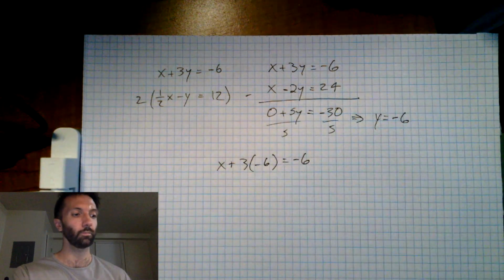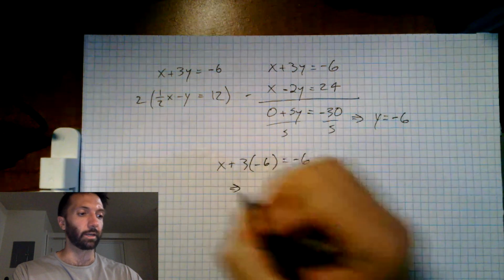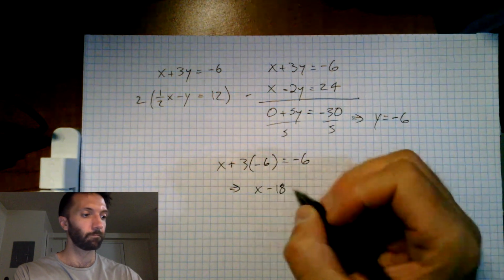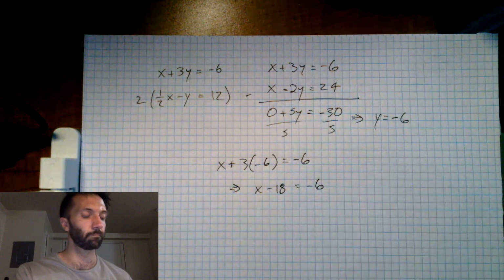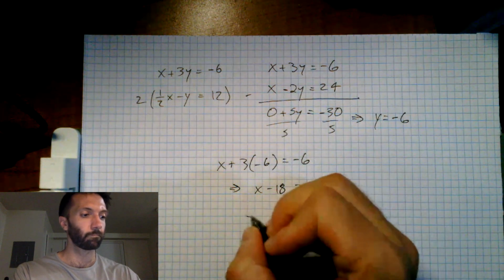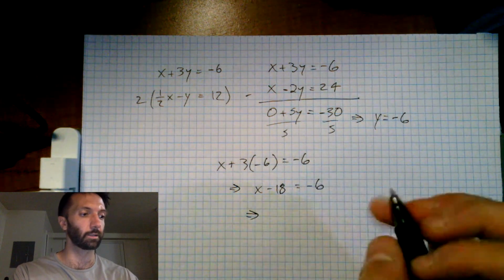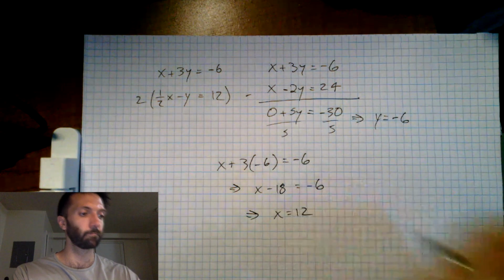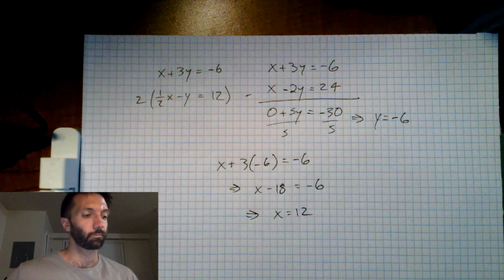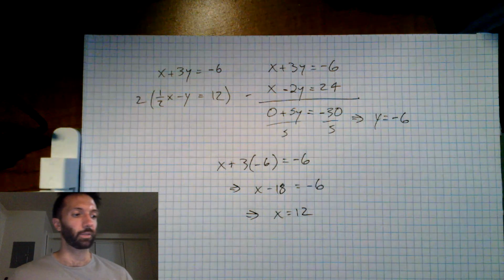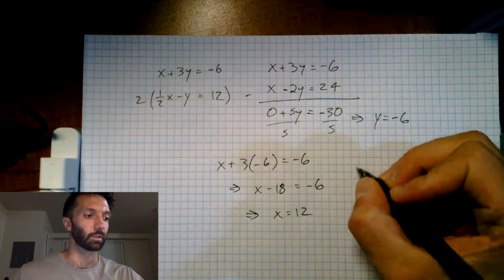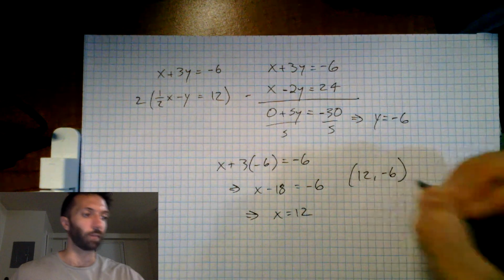And then we can simplify this down. Add 18 to both sides. All right, so the solution to this system would be 12 comma negative 6.